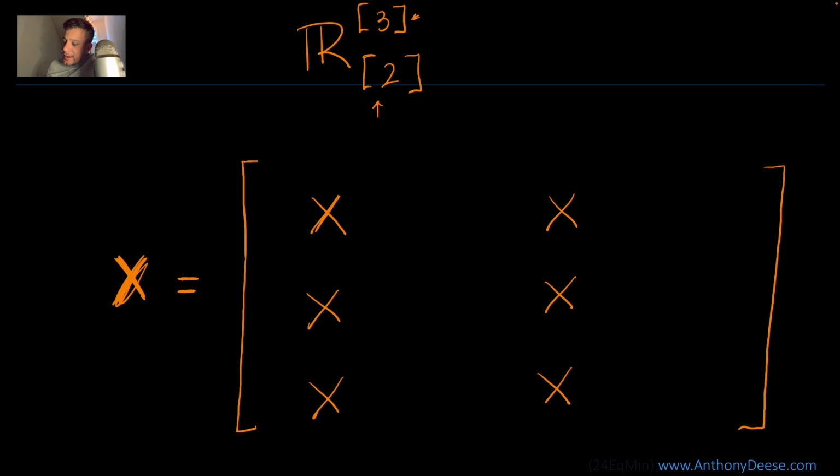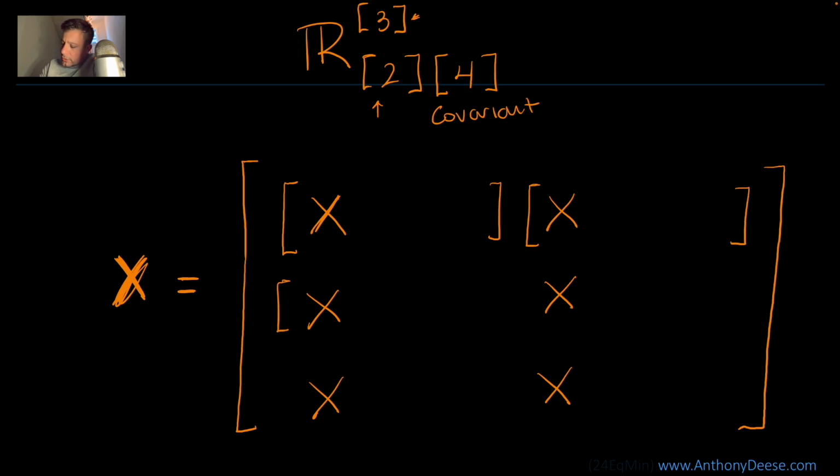We have only one contravariant rank, the first one, and we only have one covariant rank, the first one. Now, what happens if I were to put a 4 here? So I'm introducing a second covariant rank. Now, what does that mean in actuality for what I have drawn below? What it means is that each one of my elements is going to become its own array.